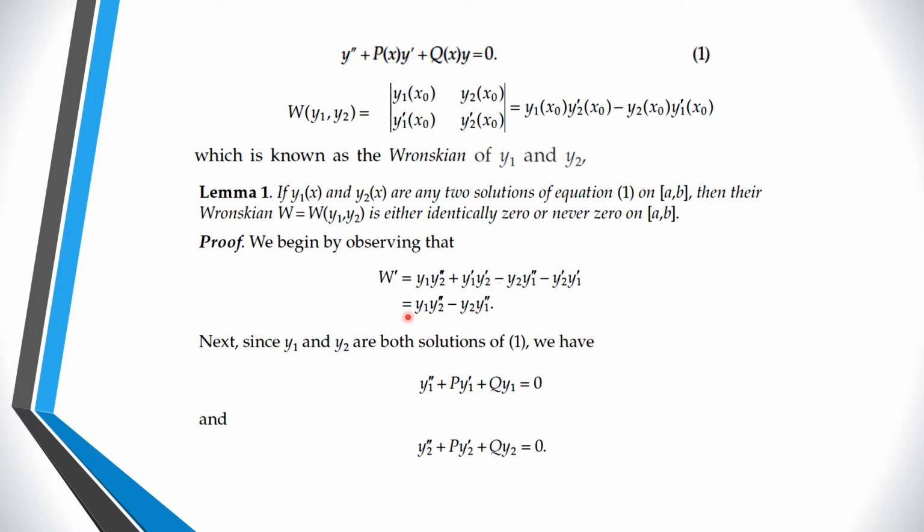Now this is our Wronskian's derivative with respect to x, and these are the two equations. We multiply this equation by y2 and this equation by y1.